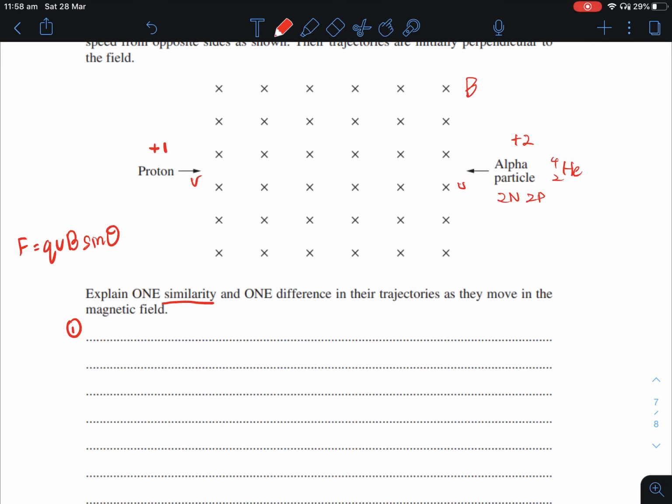You should be thinking that the angle between the velocity vector and the force vector is perpendicular. There's going to be a force like this, right? Which means it travels in a circular path, like this. And so too does the alpha particle. There's going to be a force downwards like this, and it's going to travel like this.